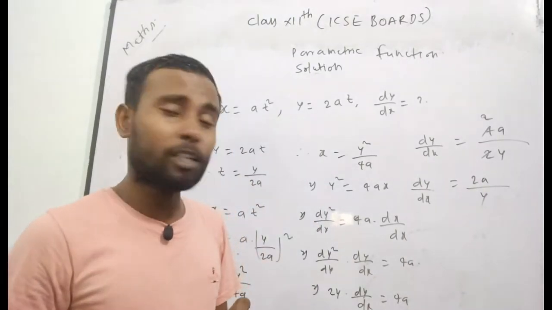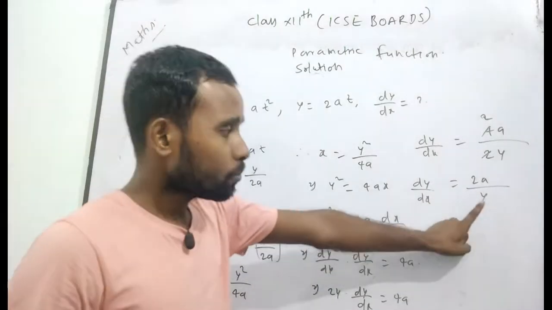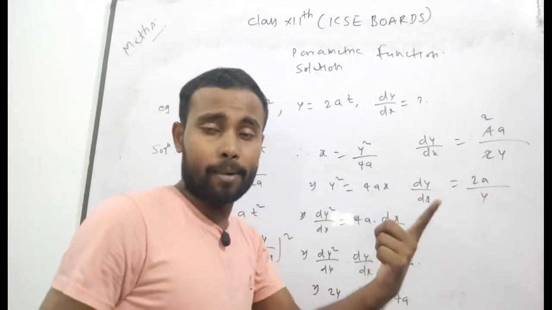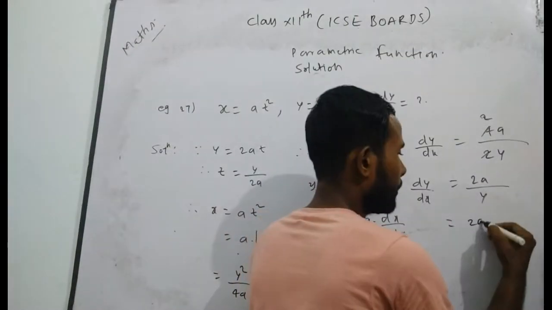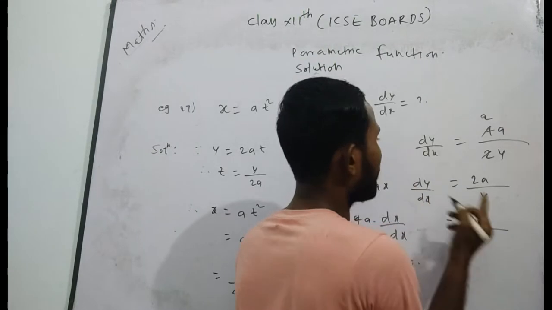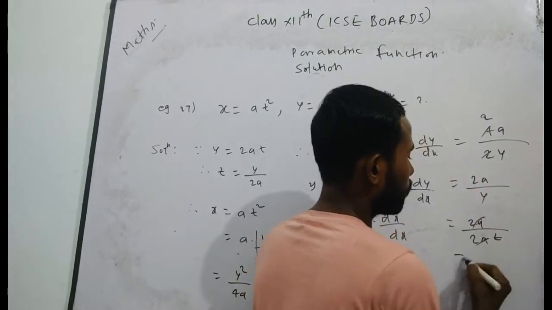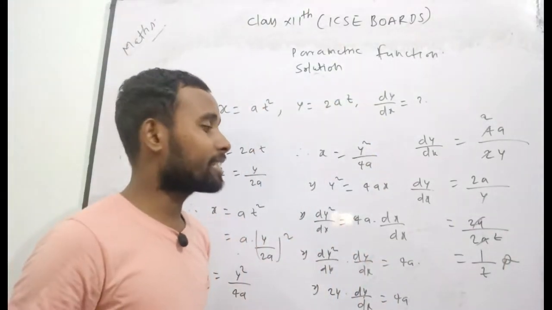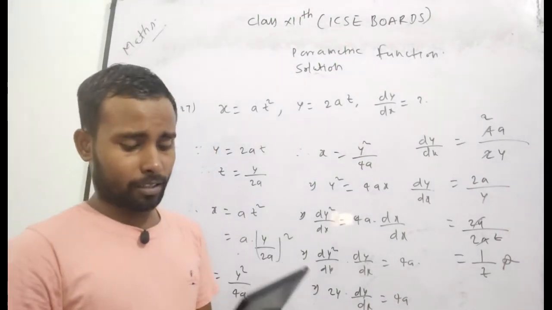Definitely in that case, in the final step, you have to find the derivative of that variable which is given already. So it will be 2a by y is equal to 2a by 2at, 2a cancel, and finally you will get 1 upon t. This is its answer. I think you understand very well.